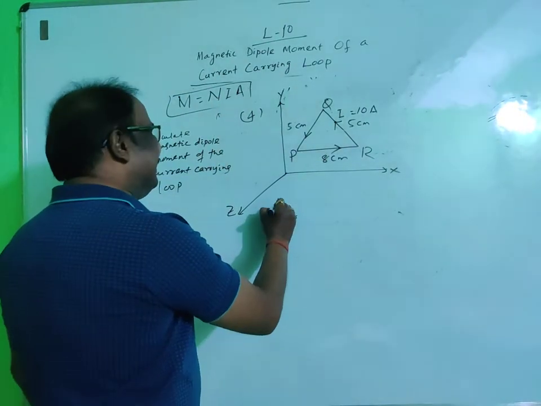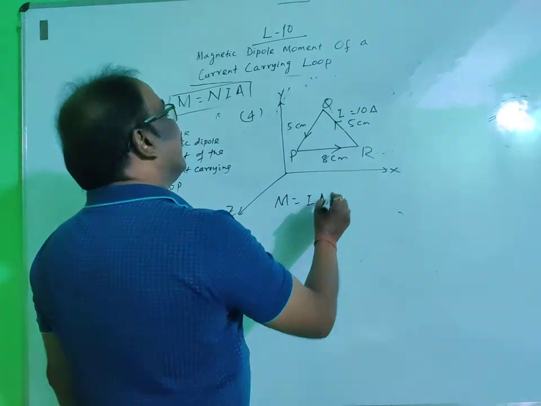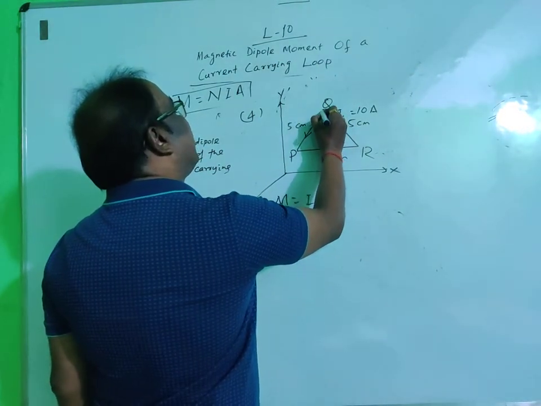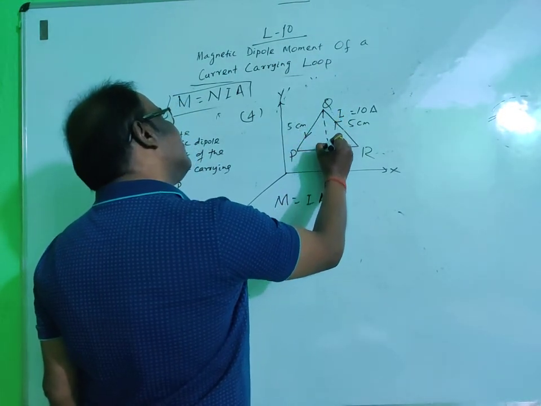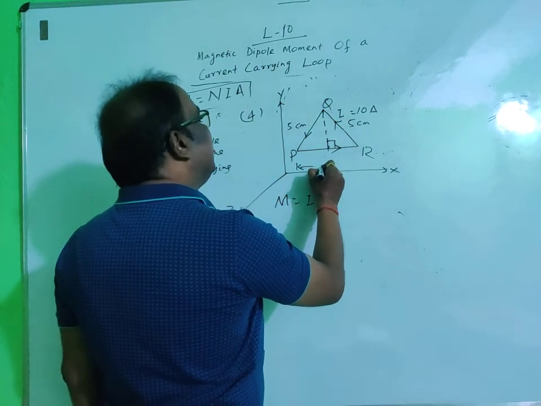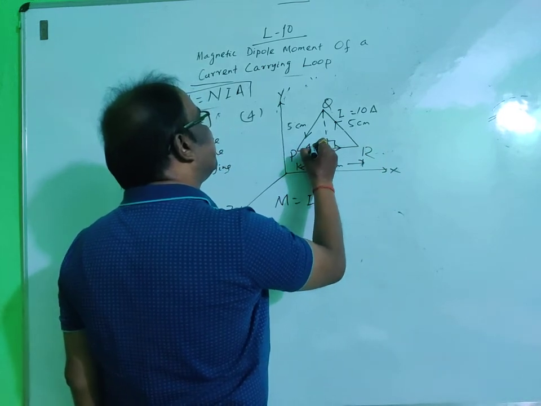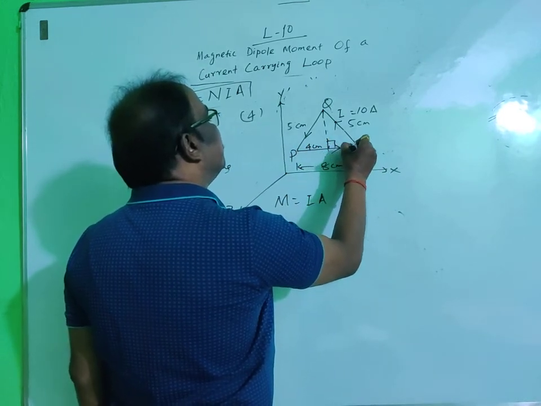Then what is the magnitude of magnetic dipole moment? Current into area. So this is the height, perpendicular. See, the total length is 8 centimeter, and this is the perpendicular bisector. This is 4 centimeter and this is 4 centimeter.